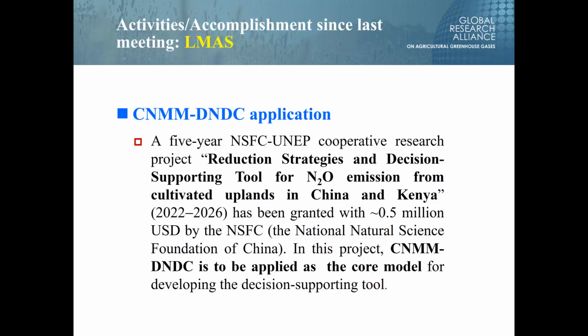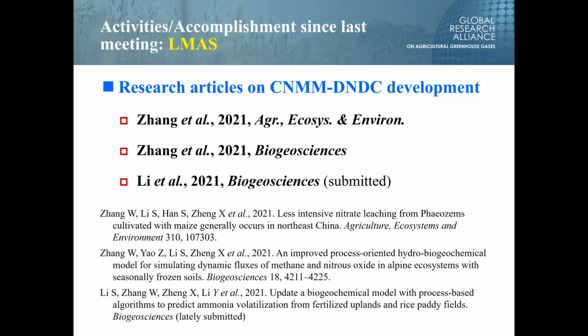In this project, the CNMM-DNDC model is to be applied as the core model for developing the decision supporting tool to mitigate nitrous oxide emissions from cultivated upland in China and in Kenya. For the model development, we have published two research papers in international journals, and very recently we also submitted another paper.